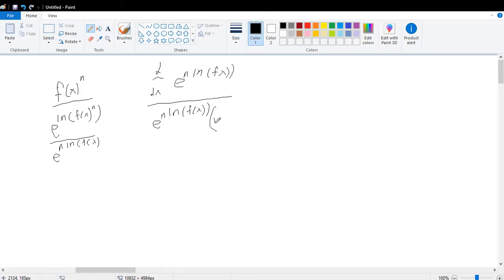We will leave n as it is and take the derivative of ln f of x, which is 1 over f of x times f prime of x. Now the second part of the product rule, we would need to take the derivative of n, which is a constant. Any constant's derivative is just 0, so the second part of the term just goes away. So we can stop there.